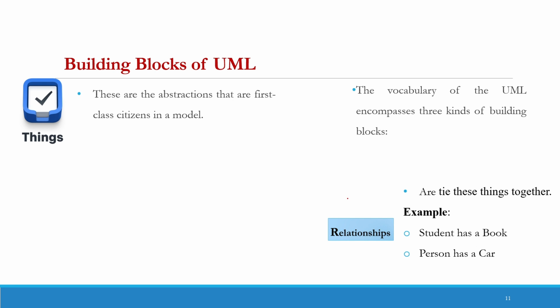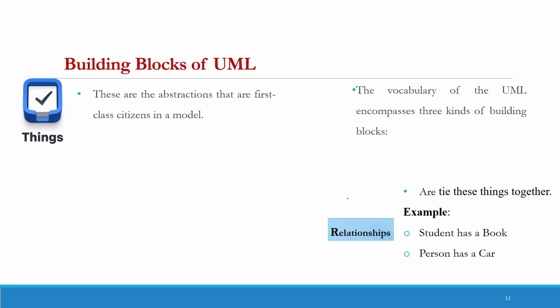The other building block of UML is relationships. There is the interaction between things, the collaboration between things, the relation between things. Relationships are things tied together. For example, a student has a book, a person has a car.